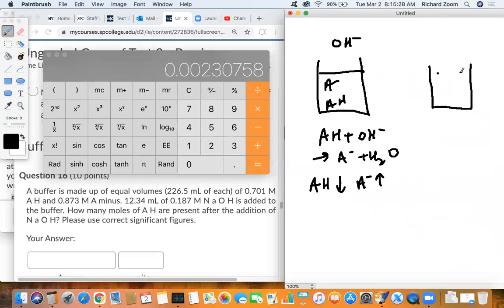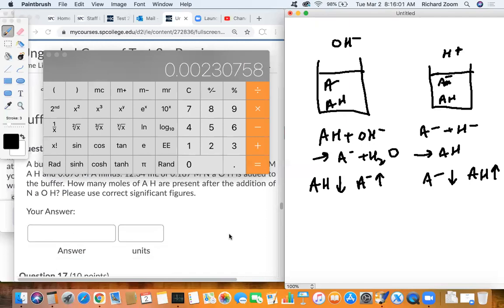In the situation where you're adding H plus to the same buffer solution, the H plus will react only with the A minus, turning into AH, and the A minus will go down and the AH will go up. So it's about whether you add or subtract that's going to be the issue there. Does anybody have any questions?